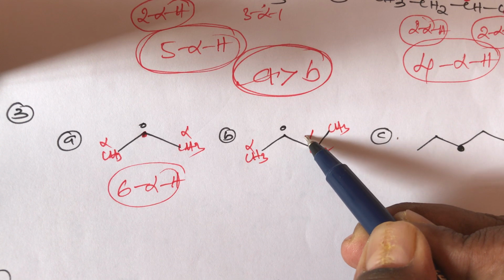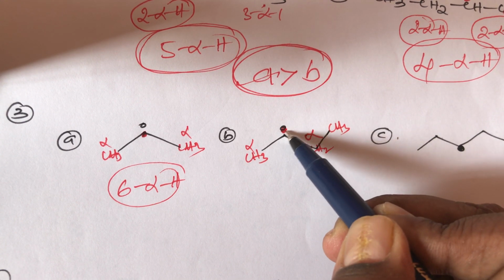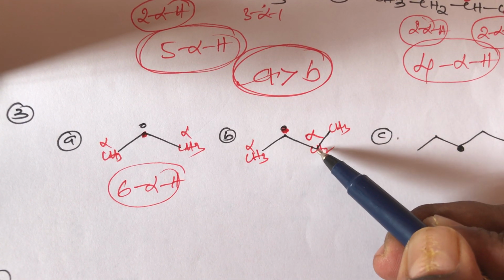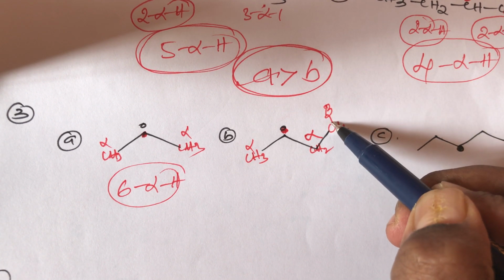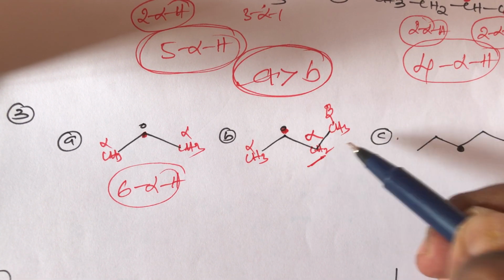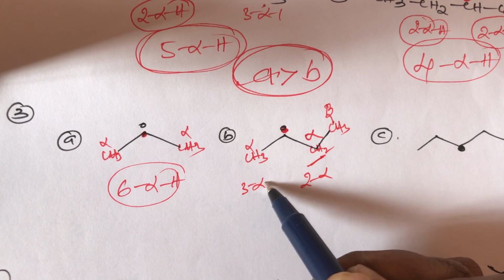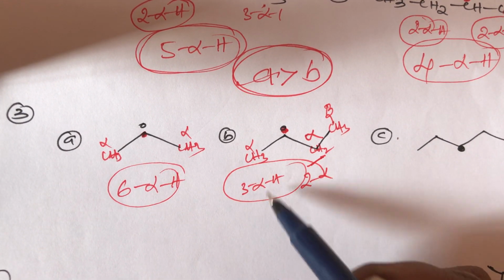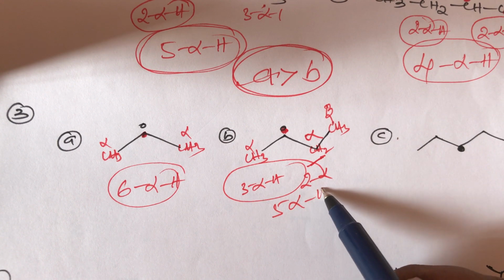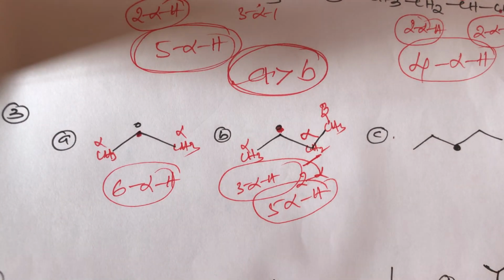The right-hand side carbon carrying the free radical is also a secondary free radical. On the right-hand side there is an alpha carbon and then a beta carbon, so we consider only the alpha carbon. So only 2 alpha hydrogens on the right, and 3 on the left, a total of 5 alpha hydrogens. The second compound has only 5 alpha hydrogens.